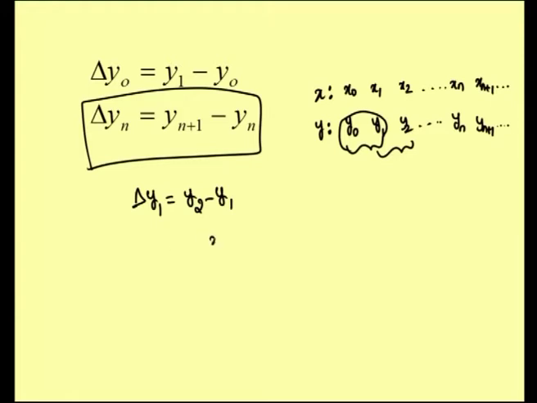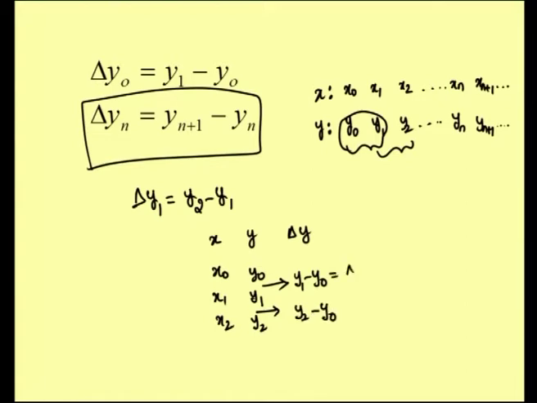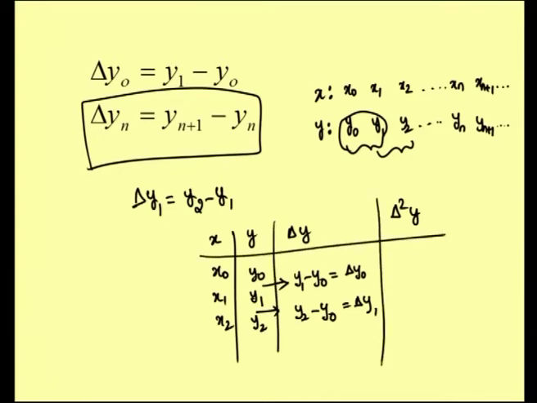When you write in a tabular column x values and y values, I will just take 3 values alone and show how the del y are calculated. Del y is written in between y1 and y naught, it is y1 minus y naught, and here it is y2 minus y1. So, we get del y naught and this is del y1. Next, del square y is calculated.